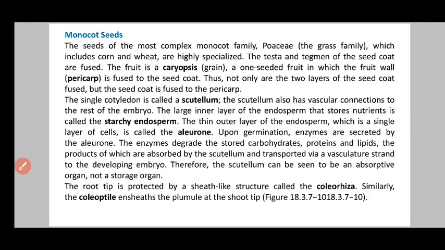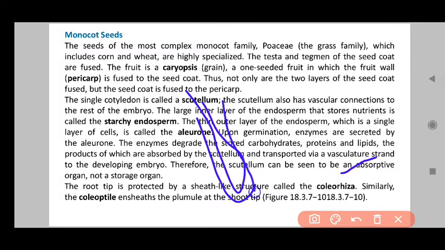The root tip is protected by a sheath-like structure that is called the coleorhiza. When the radicle has formed, it is coated by the coleorhiza; at the mature state these root tip formations incorporate into the soil and function as your source of water and nutrition from the soil.